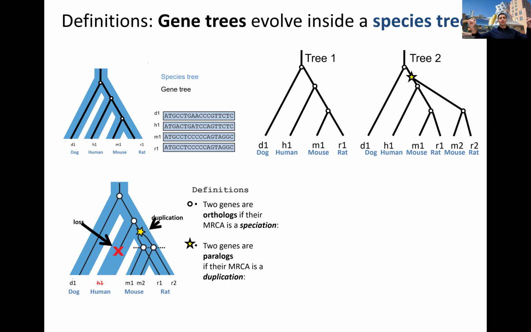That means that at every speciation event, the two copies are going to be speciating. So all of the descendants of that duplication event will now have two copies. Is everybody with me here?